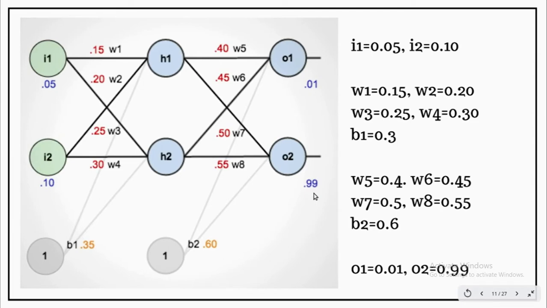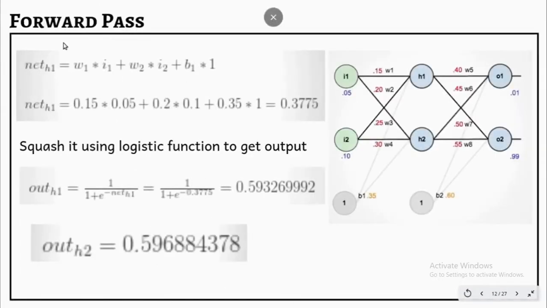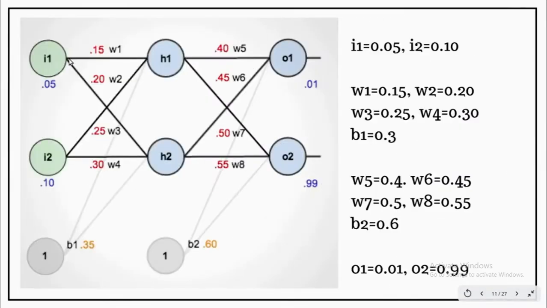Here the first step is the forward pass, that is we will go from I1 to O1, calculating our prediction output by taking all these initialized or random values. Then we will calculate the error, that is the actual output minus the predicted output, and then we will move all the way back from O1 to I1 and update each of the weights using the gradient descent method such that the error is minimum.